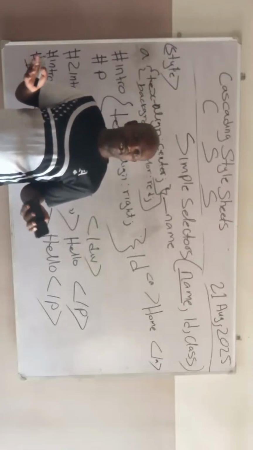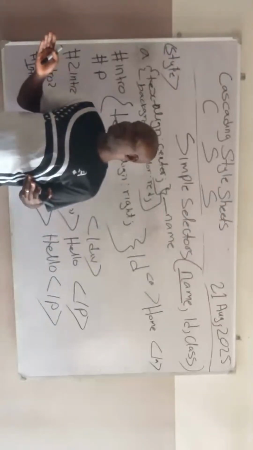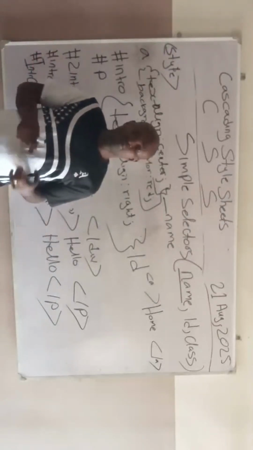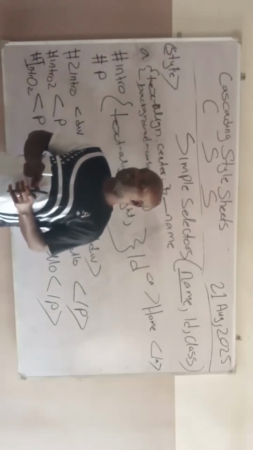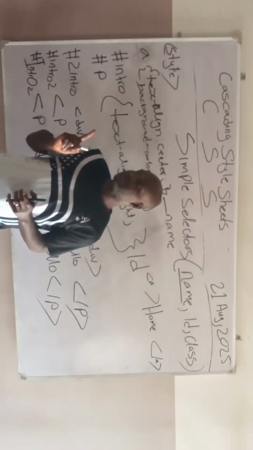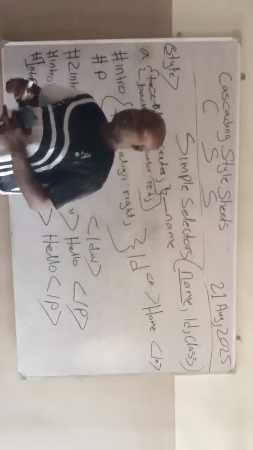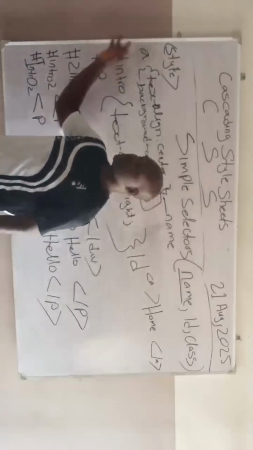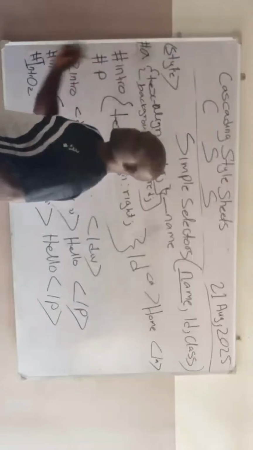So once I say Emmanuel, stand up, all the Emmanuels will do it. But once you say Mr. 10001, stand up, it's just one person. You're referring to that person by the ID. So the only way to convert it to an ID selector is by putting a hash in front of it.